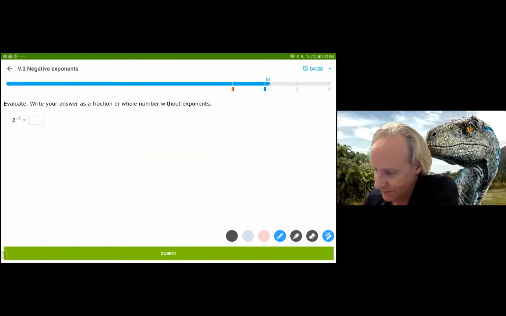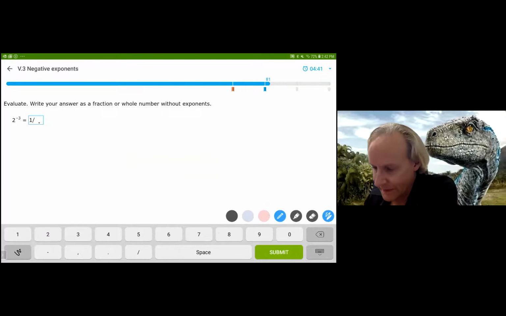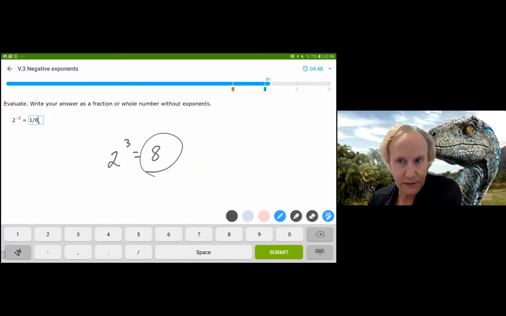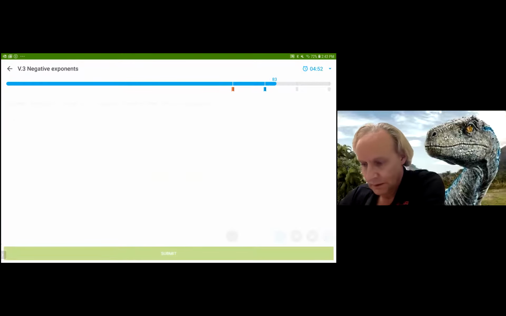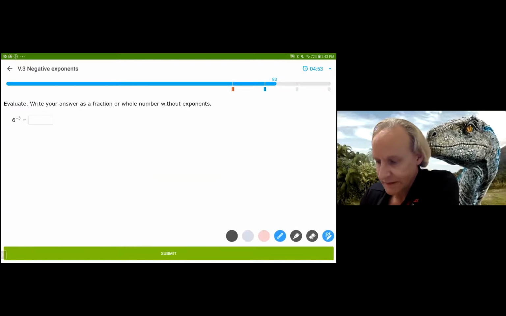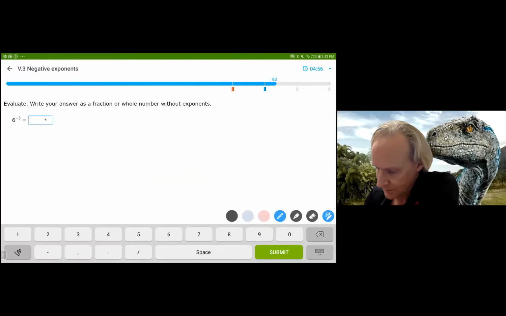It's kind of funny. Anyway, this is 1/8. Remember, 2 to the third is 8. 2 times 2 times 2, not 6. Oh man, it's going on 5 minutes. That's 1 over 216. Gotta memorize those special exponents.